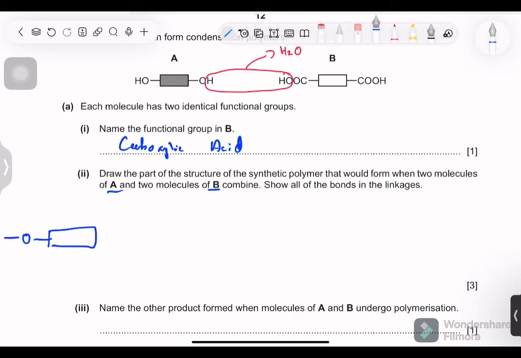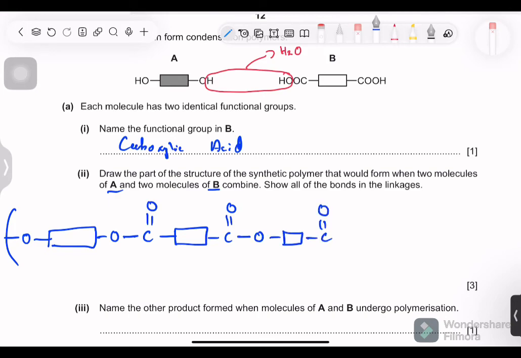So this O will be extended, then CO again, and from this point onwards we go back to this, so the same thing is repeated over and over again. And we had to show the ends also. Two molecules of each were asked in the question, so that's pretty much enough.